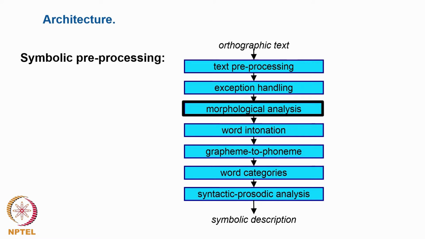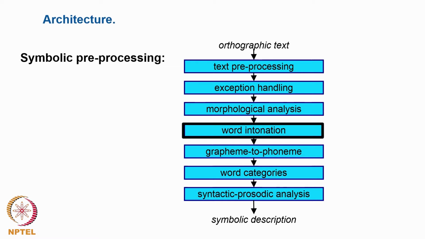Then, the words which are written down have to be analyzed with respect to their morphology. For example, finding the core of the words, the suffixes, the endings, the prefixes, which may also mean something for the word. A decomposition into those constituents is helpful in order to determine the pronunciation of that particular word.